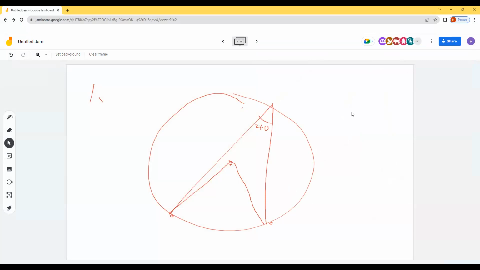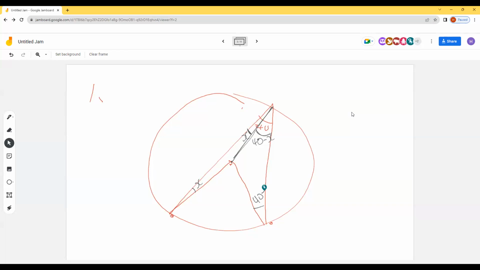Okay. Well, from there, I drew a line in the middle to the side, and I set that value as x. And then the other one as 40 minus x. And since these are isosceles triangles, the bottom angle would be x as well, and that one would be 40 minus x.